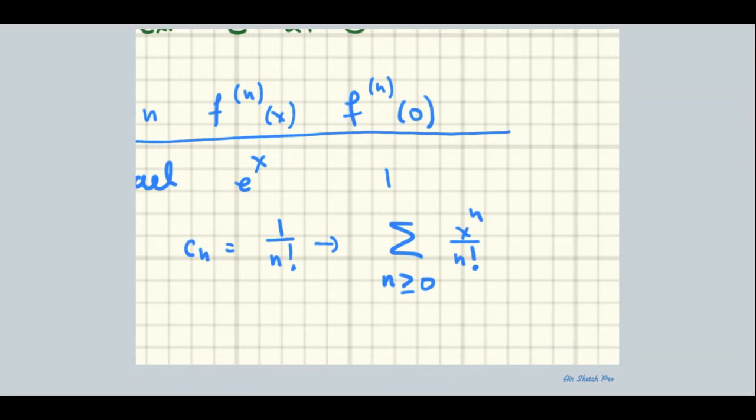Now, the last slide in our notes from Tuesday said I would take care of this later, and now is later. So the x to the n over n factorial, that is the expression for e to the x.